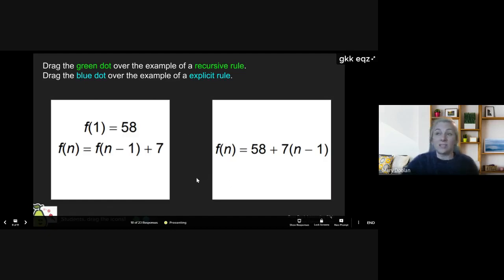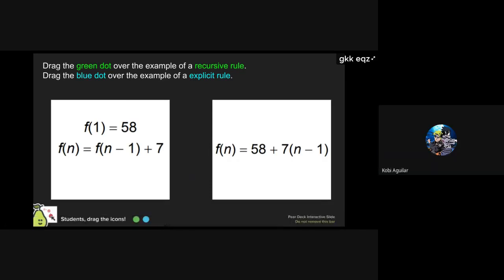You guys notice anything else different about if you look at f of n equals and then what you see here versus what you see here? Is there something different about these 2? Numbers are in different spots. That's true.